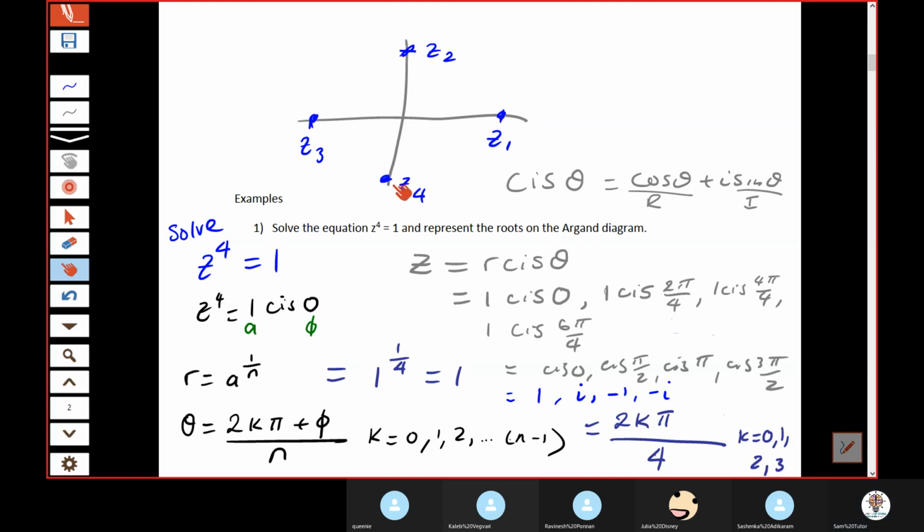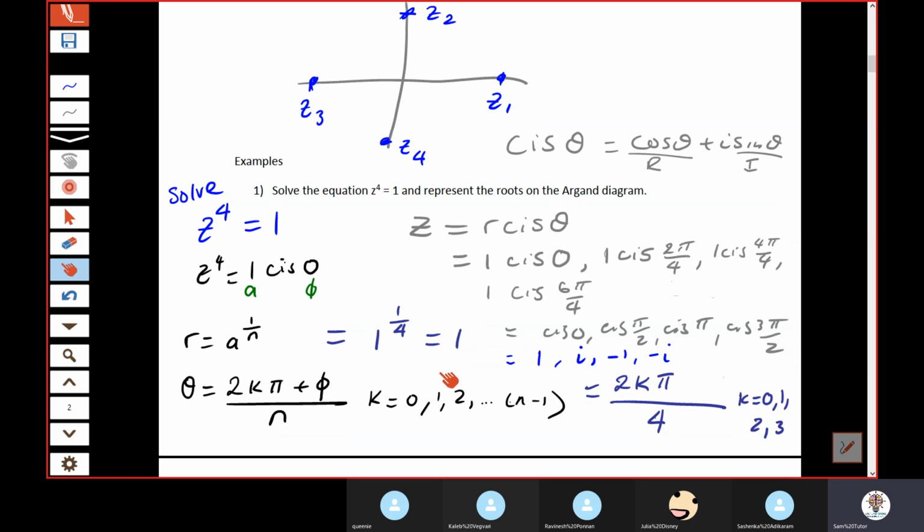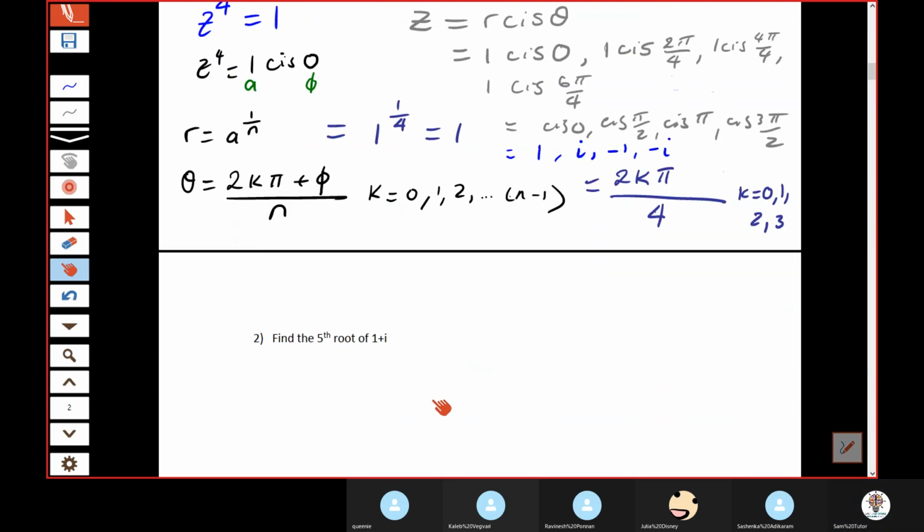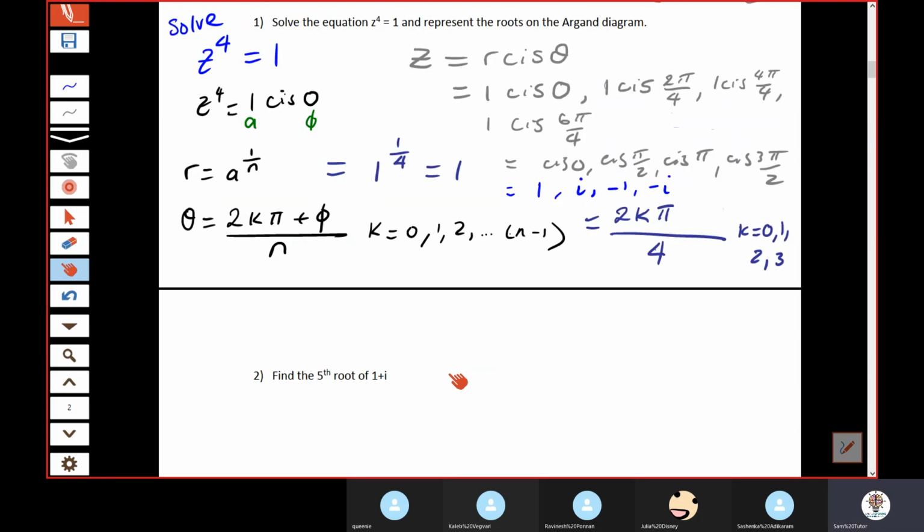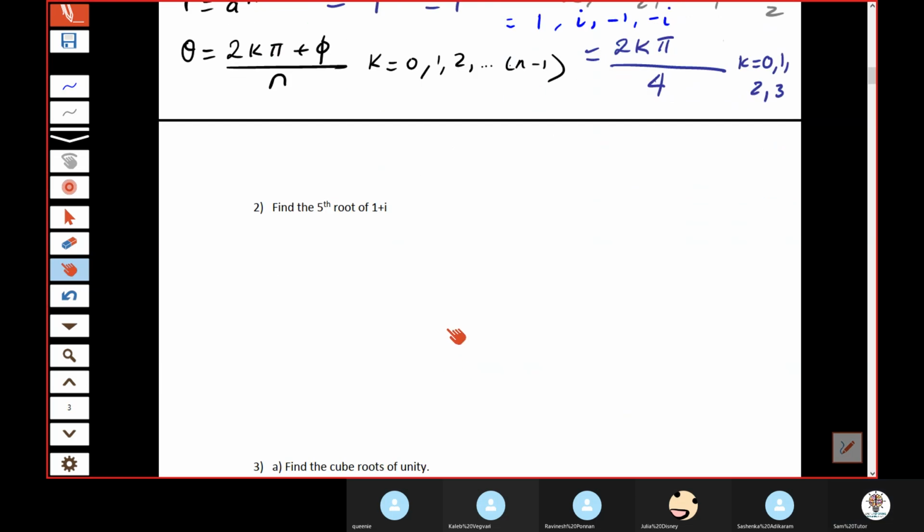There it is. And then 1, i, there's no real. Minus 1, there's no imaginary. And then minus i going down. So all works out. Multiple ways you can get the same solutions. Good. Well done. Let's do that all again.